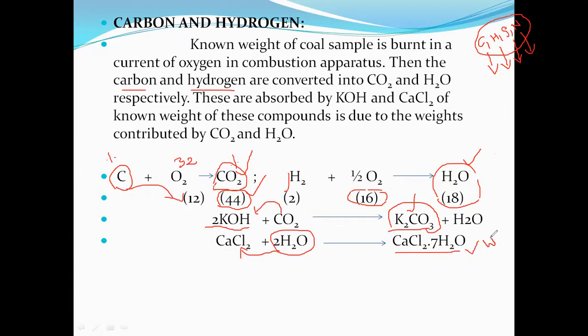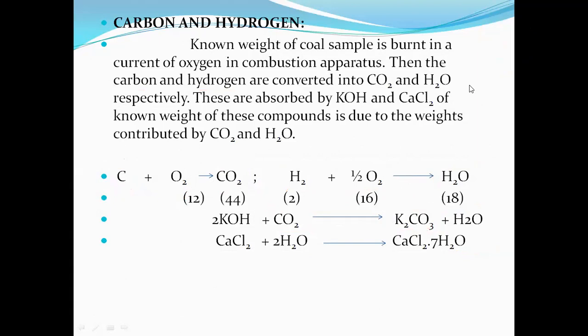Increasing the weight of calcium chloride indicates increasing percentage of H2O, and so increasing percentage of hydrogen. The percentage of hydrogen is identified based on the weight of hydrated calcium chloride precipitate. The percentage of carbon is identified based on the weight of potassium carbonate.